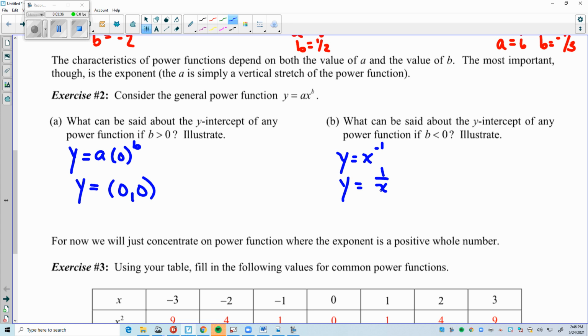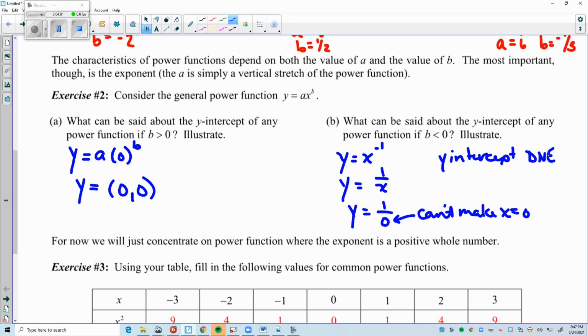So now if I said, let's find where the y-intercept is and make x 0, now I have a 0 in the denominator. And we can't have this happen here. This would give us an undefined. So we can't make x equal to 0. All right, so what would we say here? We would say the y-intercept does not exist. So when we see DNE, that stands for does not exist.